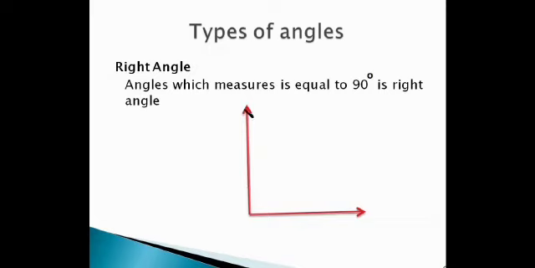So you can see it is like an L shape, exactly like an L shape. So this is called a right angle. So a right angle always measures 90 degrees. Now I will name the angle. Here I have named it PQR. So PQR is a 90 degrees angle which is a right angle.